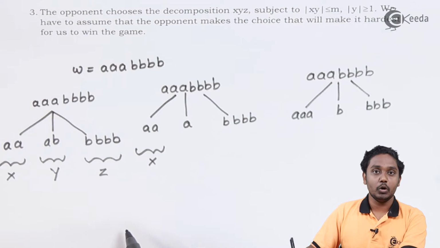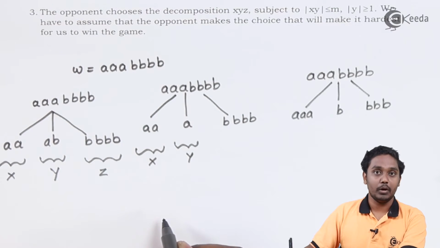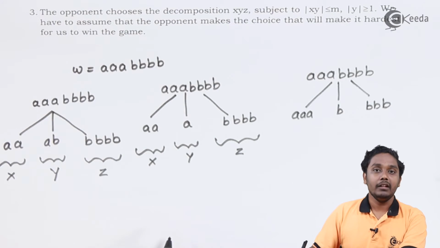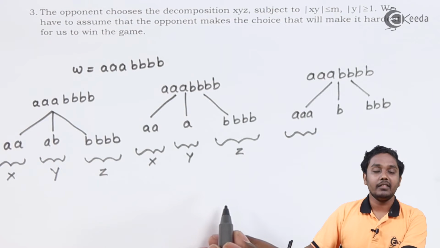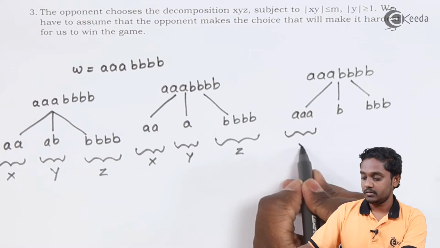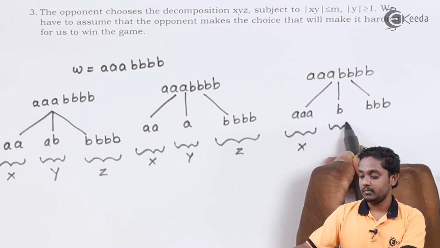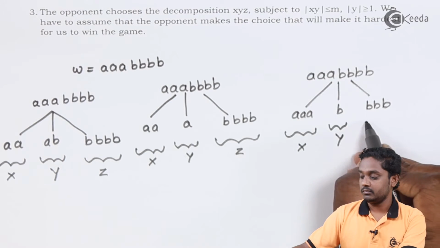One a is grouped into y. And the rest of the b's are grouped into z. In the third split, all a's are grouped together into x. A b is grouped in y. The rest of the b's are grouped into z.